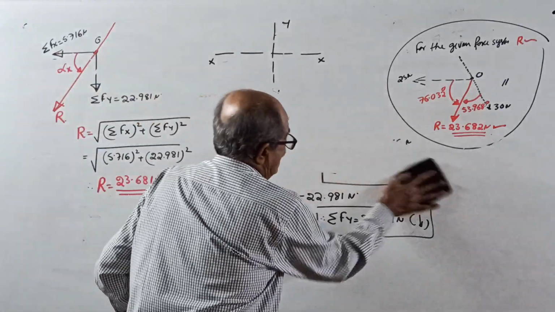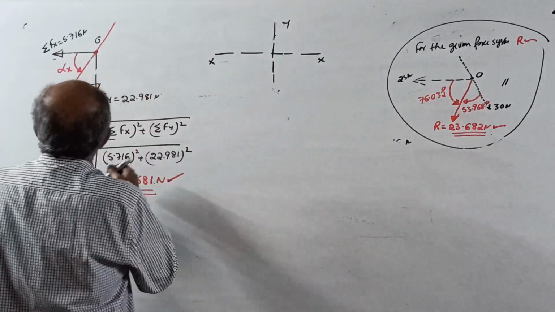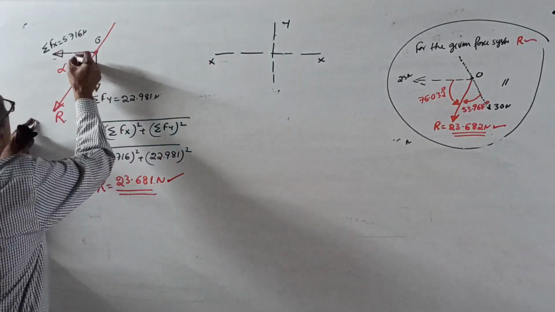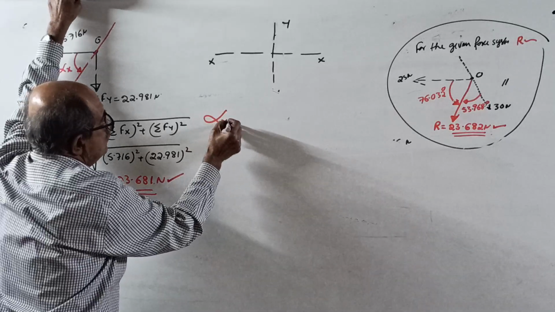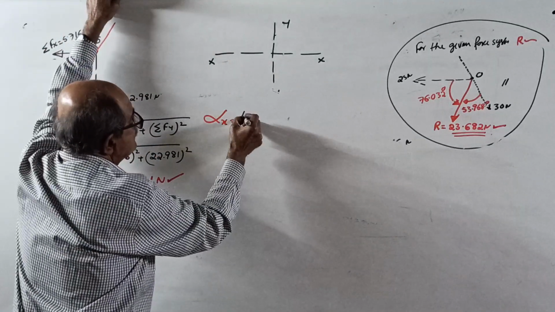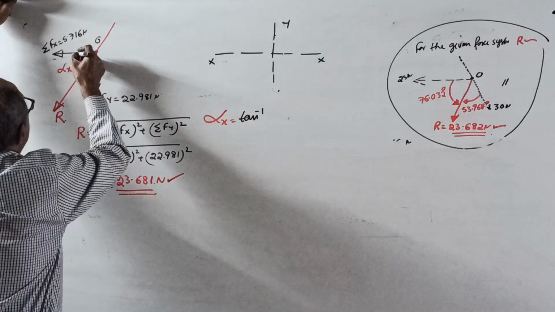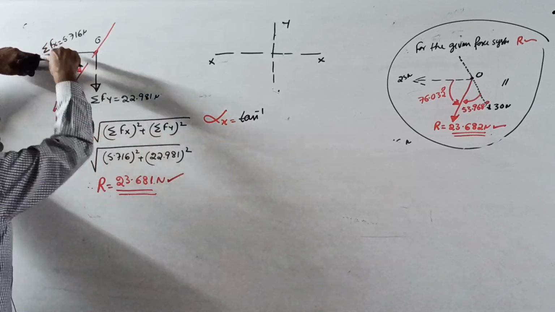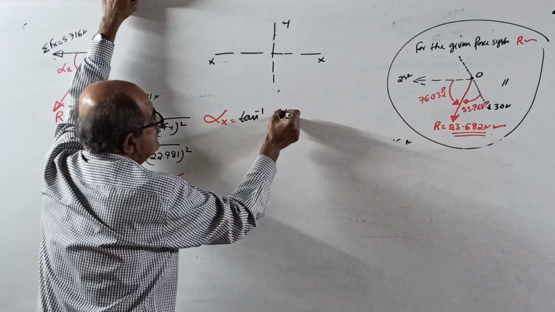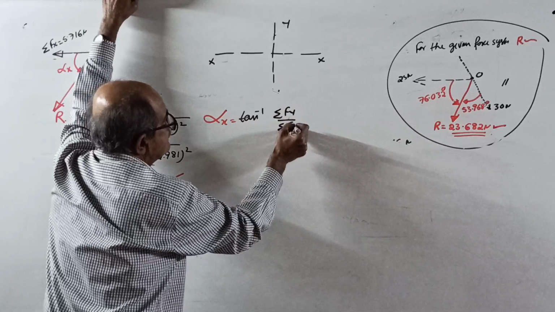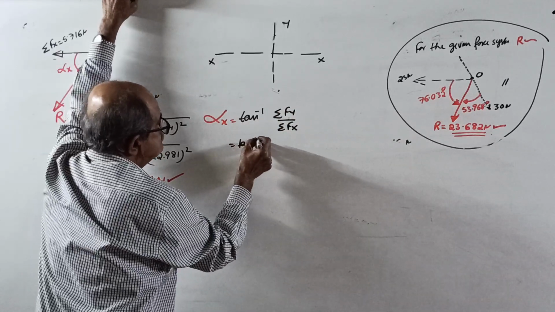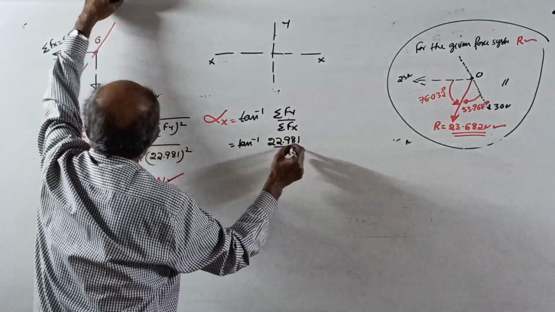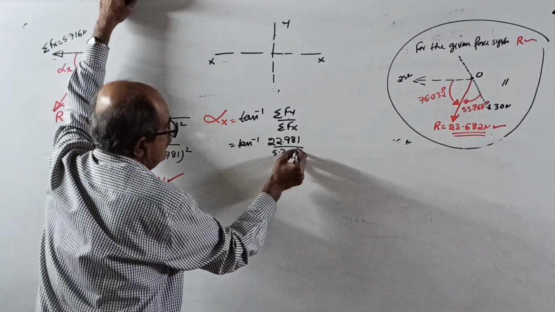Now, also, if you want alpha x, see, I told you alpha x is the angle made by the resultant with the nearest x direction. Alpha x equals tan inverse of, remember, if you want the angle with the x direction, it is first sigma Fy by sigma Fx. This also I told. Alpha x equals tan inverse of sigma Fy by sigma Fx, 22.981 by 5.716.